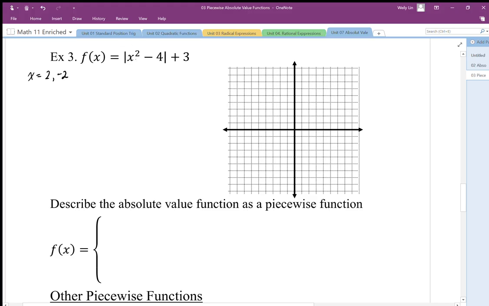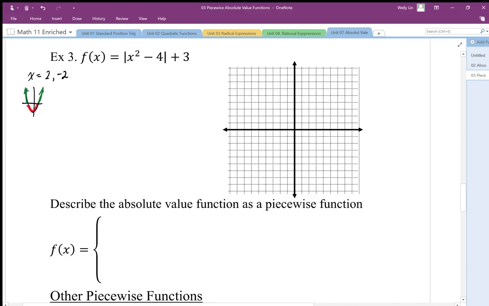Okay, so if I can do some tests. I know that my parabola looks like this. So I know it's going to be negative in between and positive on the outside. So there's my outside positive and inside negative. Okay, and then I have to account for that +3 as well.